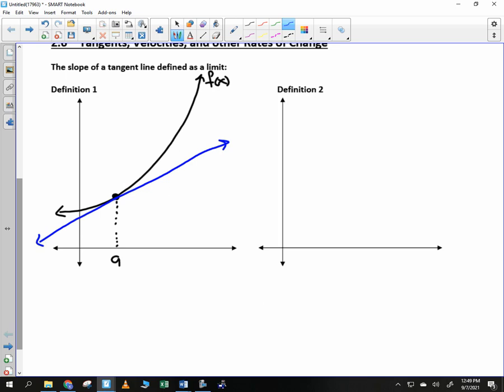So we'll see who's really been paying attention. I can't find the slope at one point. I need 2 points. So what should I do? Let's create a second point.